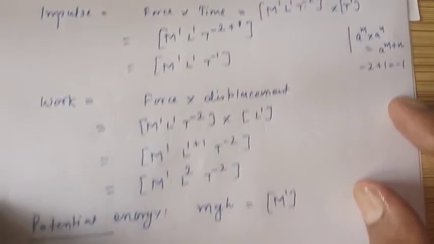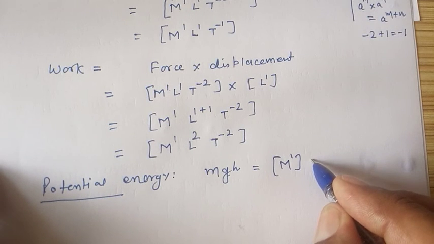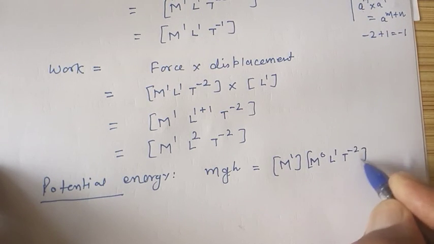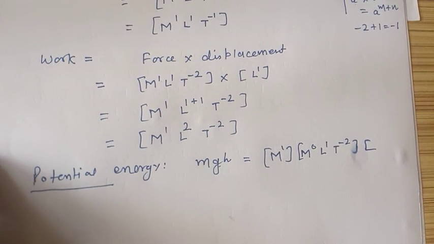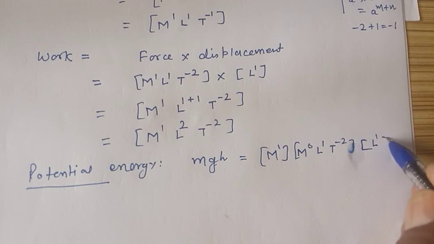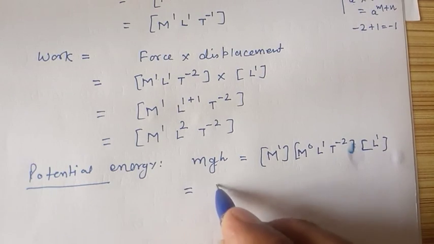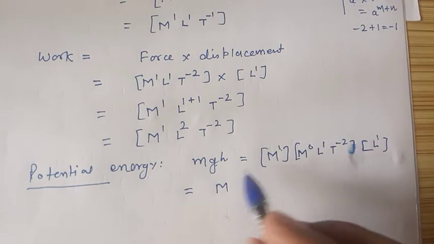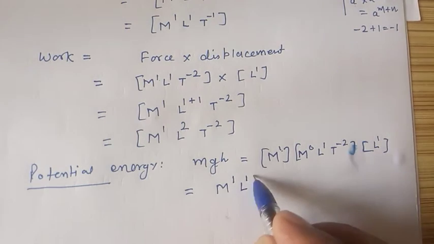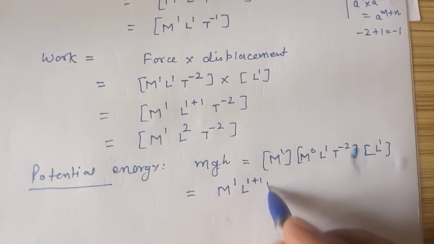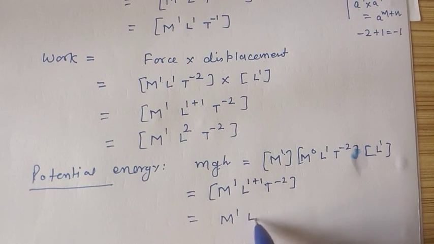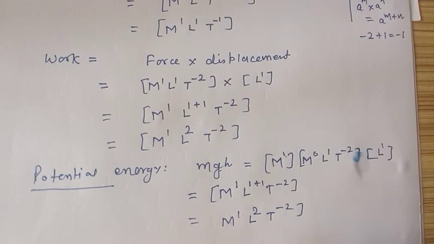Height is length, so it has the dimension formula of L. So M power 1 plus 0, that is 1, L power 1 plus 1, and T power minus 2. So you have M power 1, L power 2, T power minus 2.